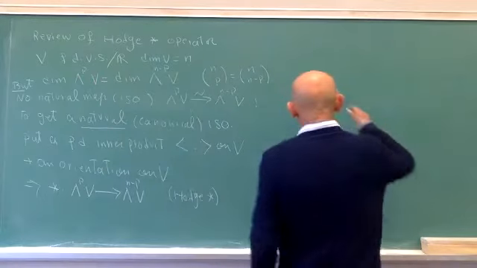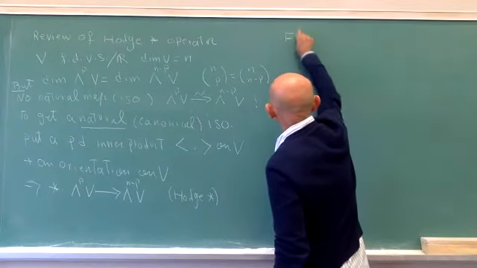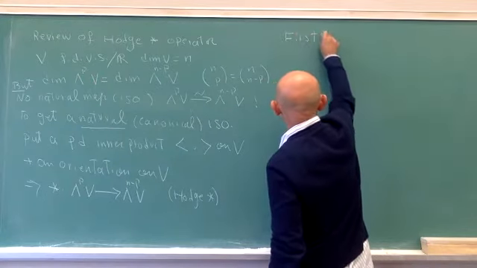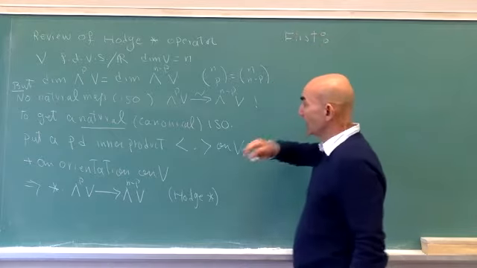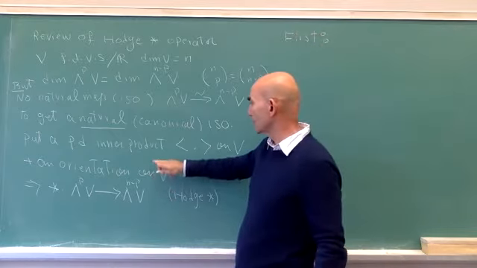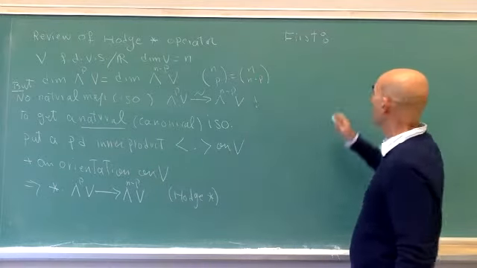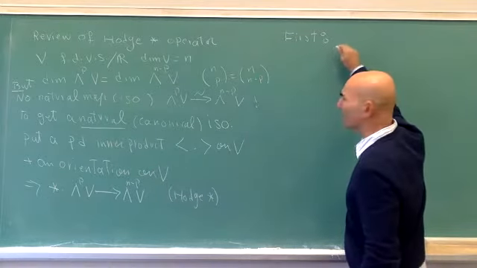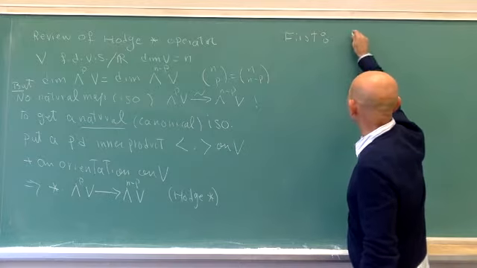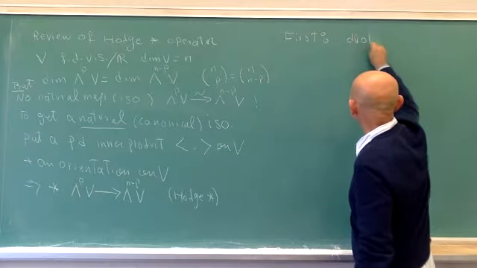So first of all, we can use these two structures, inner product and orientation, to define an element. I call it d volume. Maybe it's not very good notation, but I just put it.